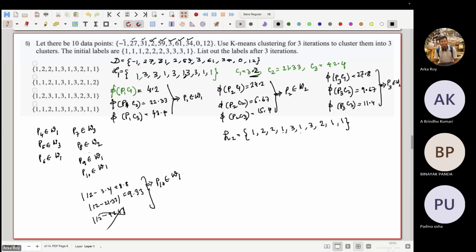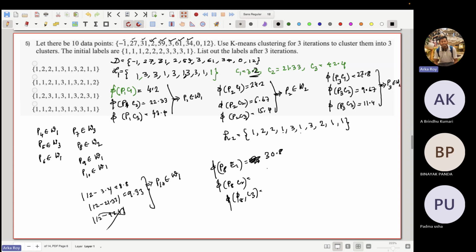For P8, let me just recalculate it once. Phi of P8 comma C1, phi of P8 comma C2, phi of P8, sorry, comma C3 is equal to, so you have 34 minus 3.2, which is 30.8.